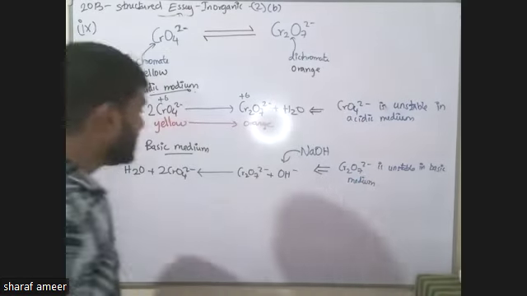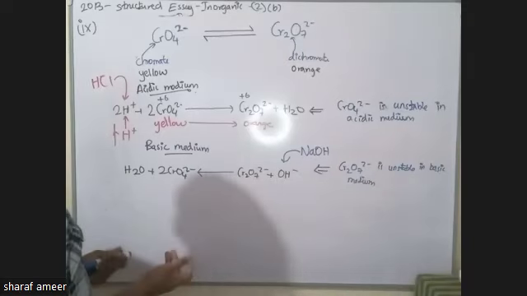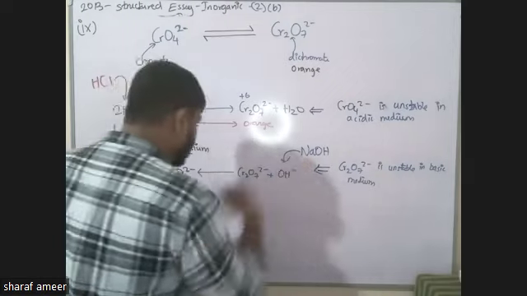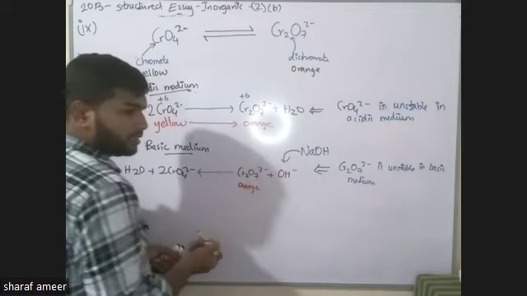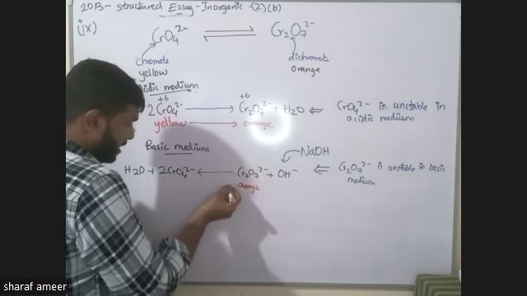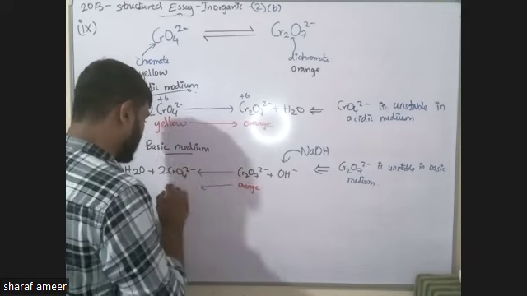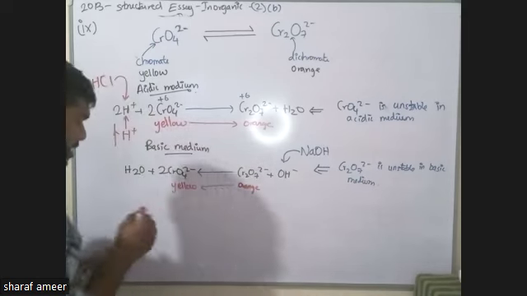So what will happen? They'll move from here to there. If you add base here, this orange color will go towards the chromate. Chromate's color is yellow, so it turns from orange to yellow.